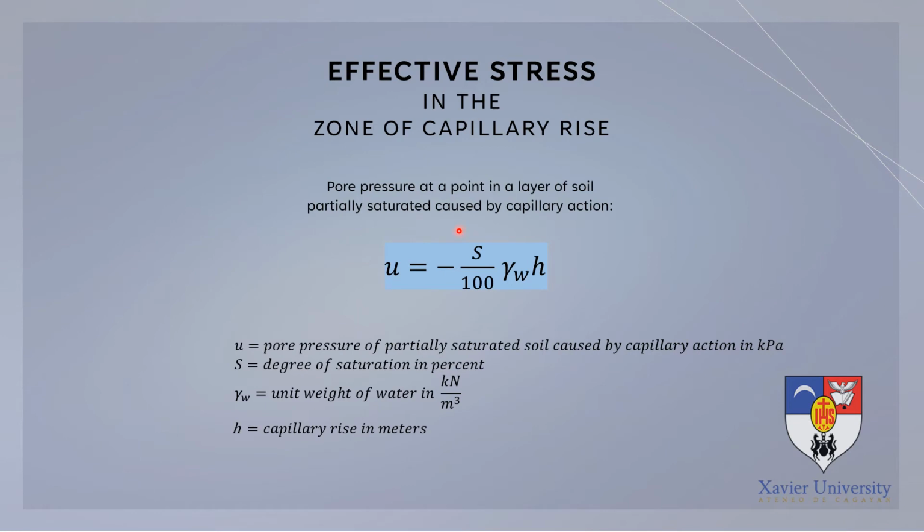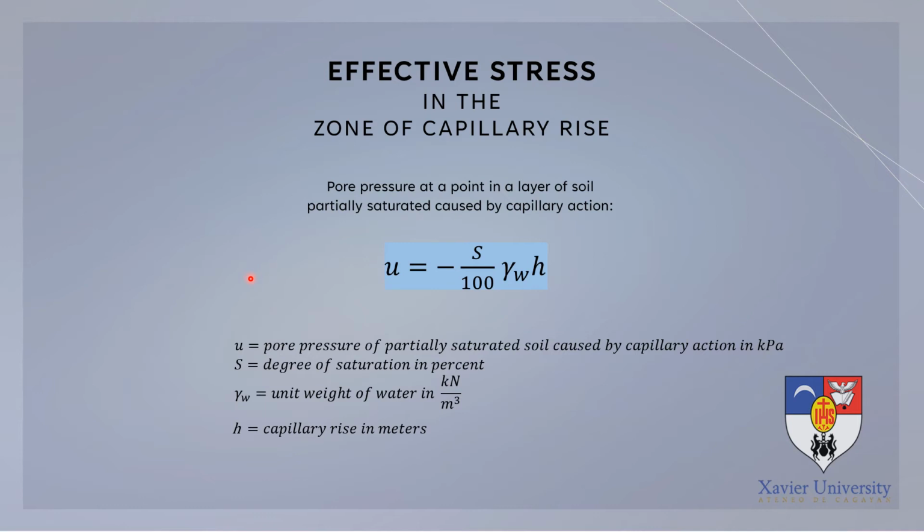So the pore water pressure at a point in a layer of partially saturated soil caused by capillary action would now become u is equal to negative S, where S is the degree of saturation in percent over 100, which is constant, times the gamma water, and h in here is the capillary rise in meters. So the equation in the previous slide is actually the capillary rise in millimeters.